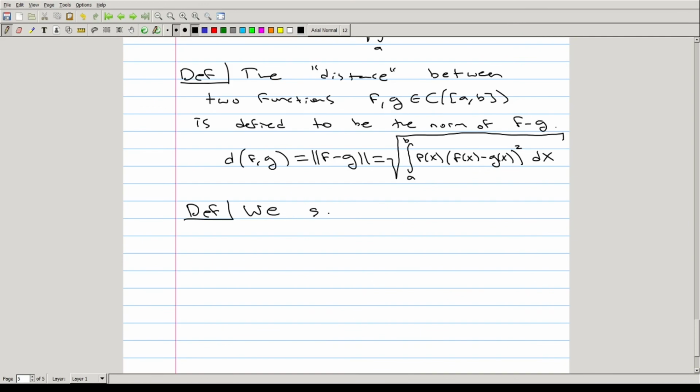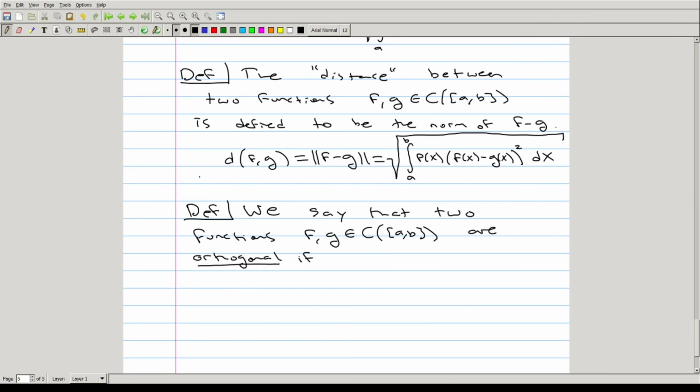So we say that two functions f and g in the space of continuous functions from a to b are orthogonal if their inner product is 0.